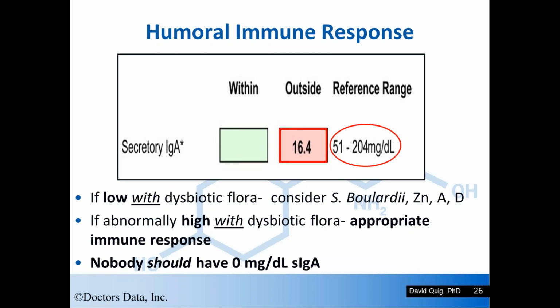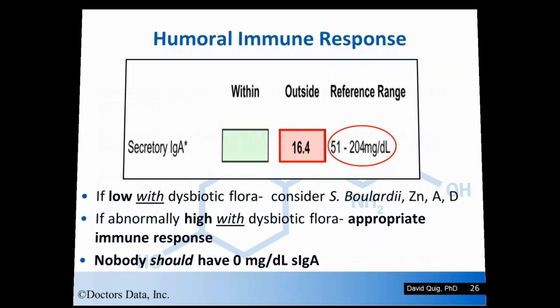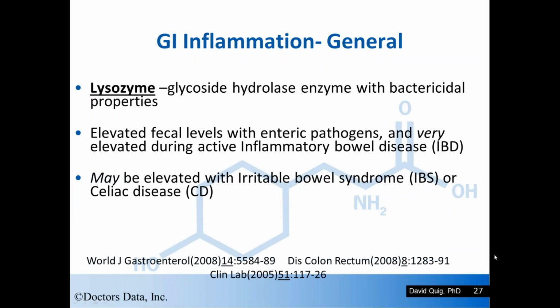Certainly there are very rare few individuals that have a specific inability to make secretory IgA from IgA. However, those are very rare, and having 0 is certainly not reasonable, not even realistic.